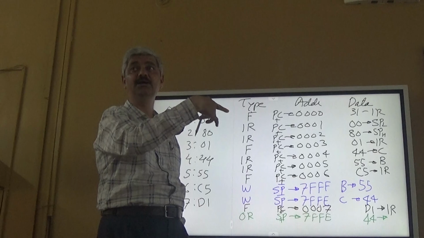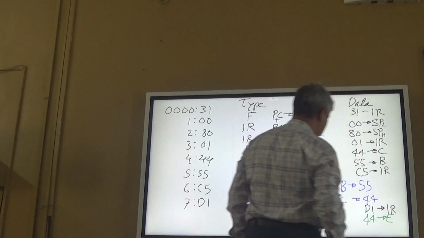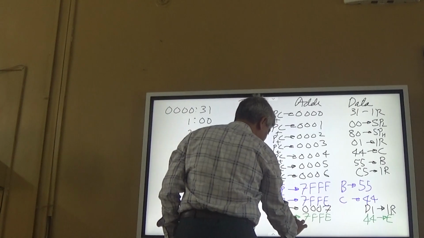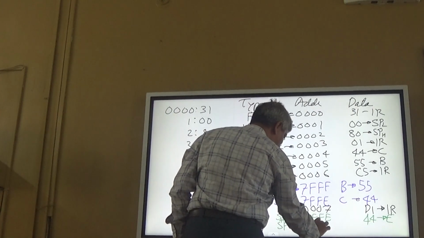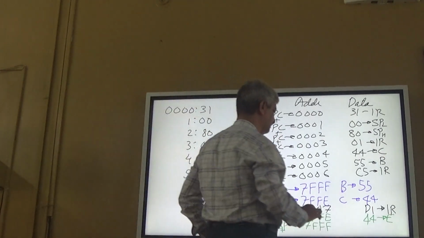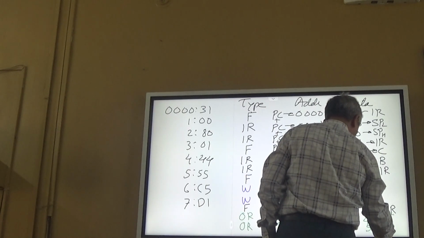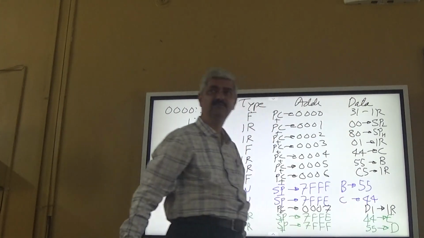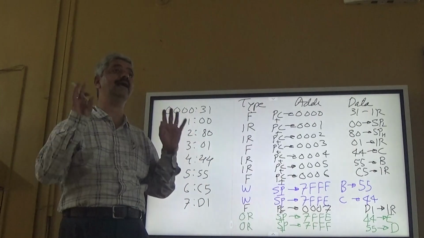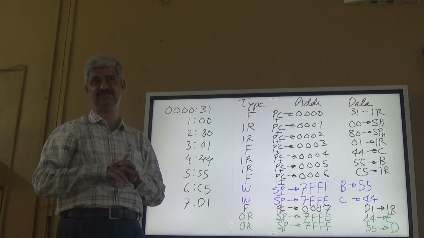Push B, pop D, so it will go to register E. Then again the stack pointer is read, giving 7FFF, and again incremented, so the stack pointer is restored to 8000, and 55 will go to D. Is it right? Is it okay? Push and pop. These are stack read and write operations.